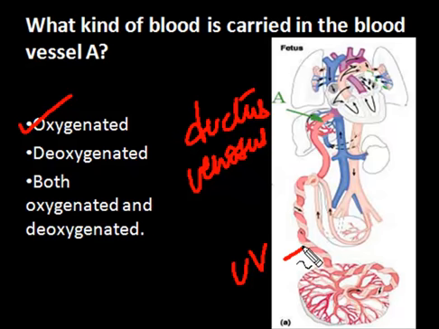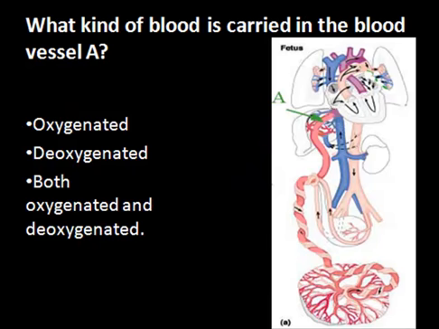The umbilical vein is different from other veins in the body because it's carrying oxygenated blood, so it's very similar to the pulmonary vein. And this bit here is where the ductus venosus connects the umbilical vein to the inferior vena cava, so that also will carry oxygenated blood. Once it goes into the inferior vena cava, the blood is mixed. So the inferior vena cava carries both oxygenated and deoxygenated blood.